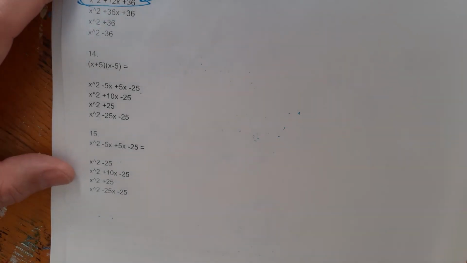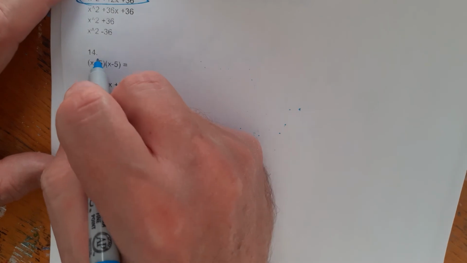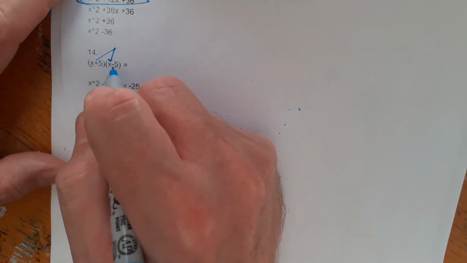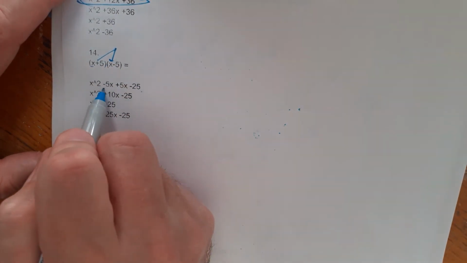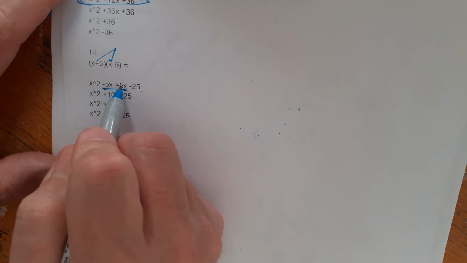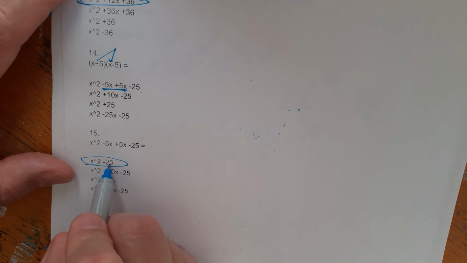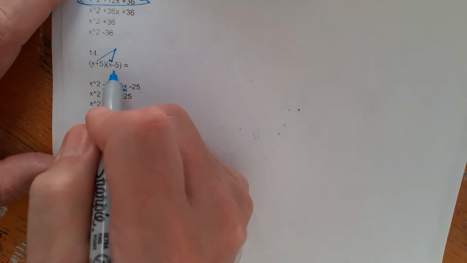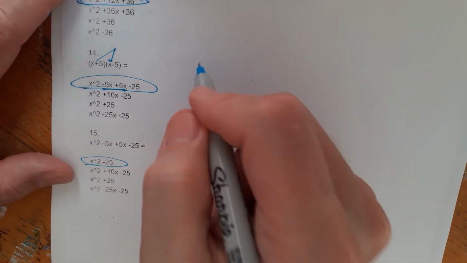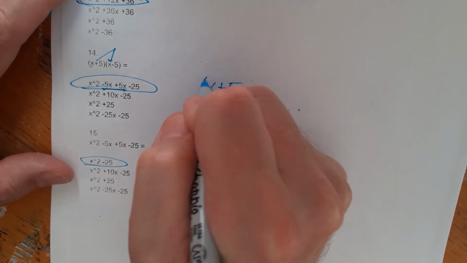One or two more. Two more. This one is a positive and a negative. We can expect the middle term to disappear. So notice how this one has a minus 5x and a plus 5x. That's going to disappear and drop all the way down. I can already tell what the answer is here: x squared minus 25. And I can tell that this is the intermediate step. Here's what the math looks like.